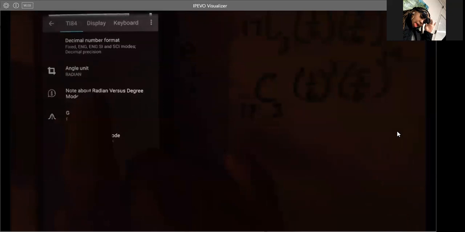Well, you can round it off by going to mode, go to decimal, and then go to fixed mode. And you can see the decimal point.